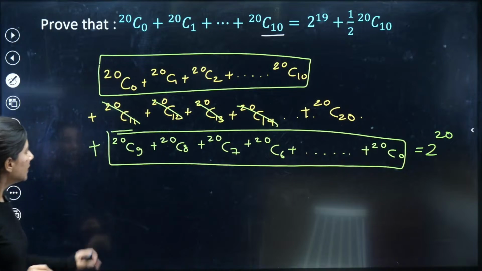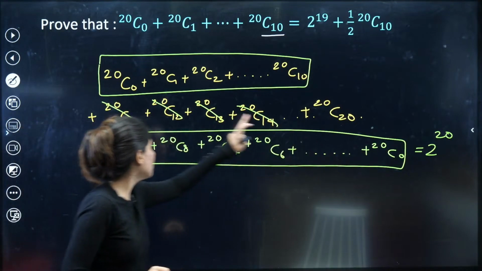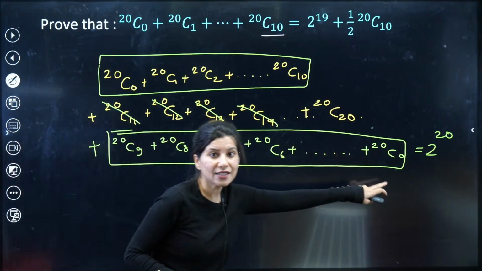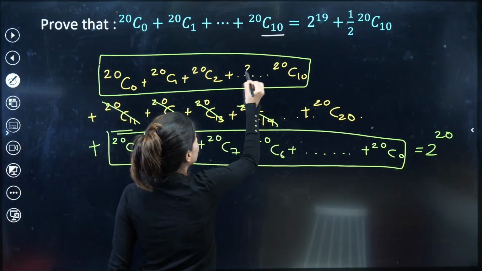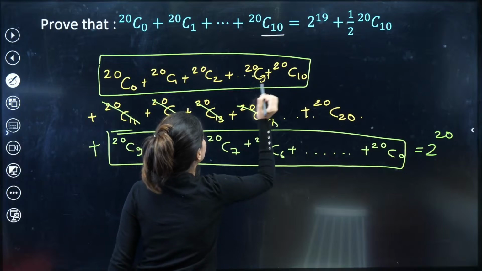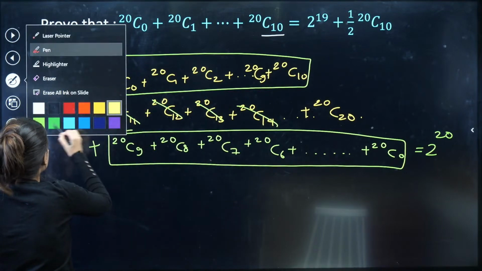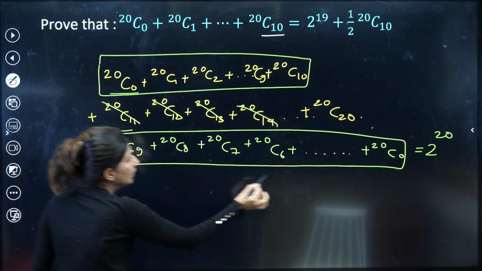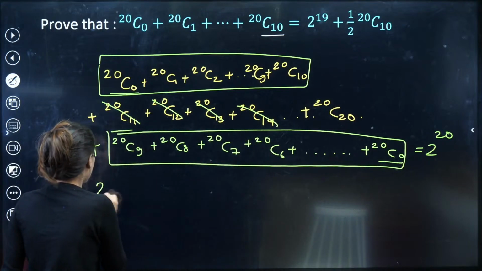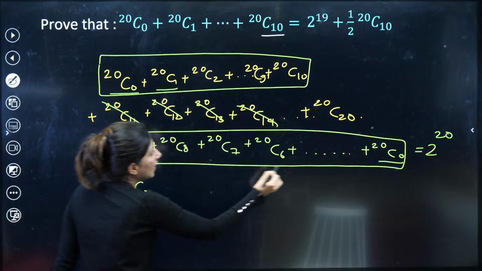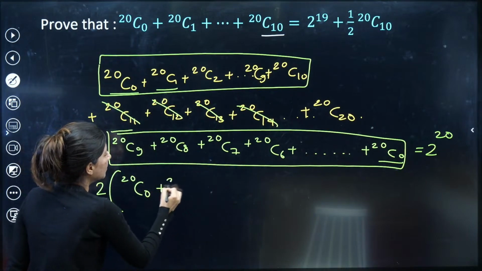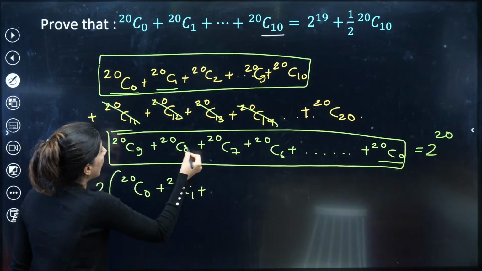Now, can you see 20C0 starting from 20C0 to 20C9, we are having actually two sets, right? So 20C9 will happen over here. Now just add: 20C0 and 20C0 will become twice of 20C0, 20C1 and 20C1 will become twice of 20C1, and so on.